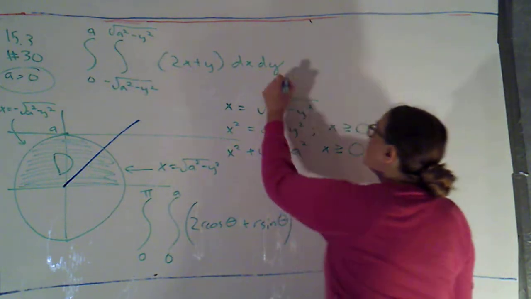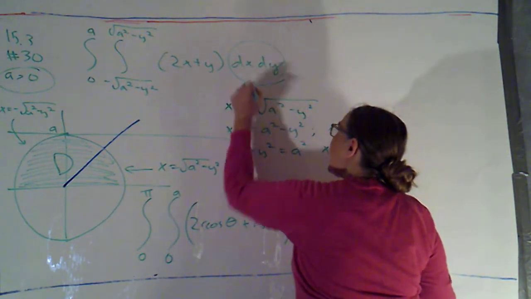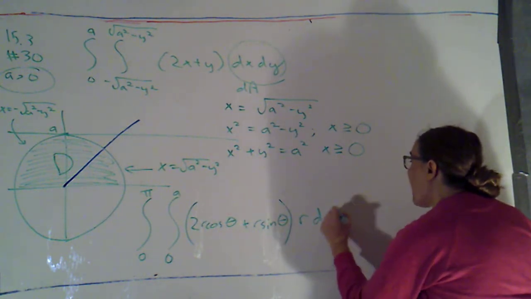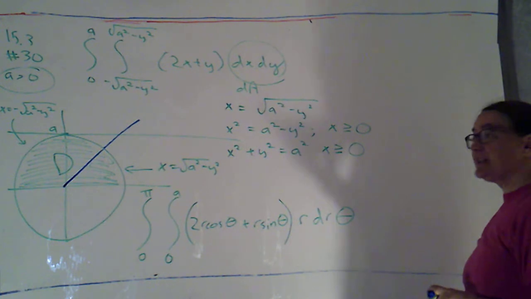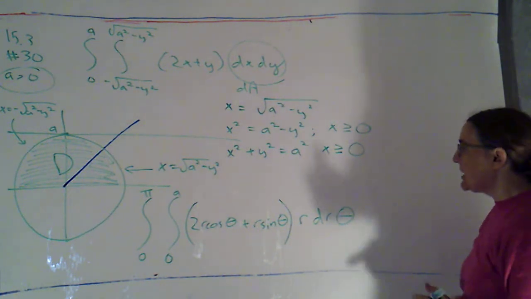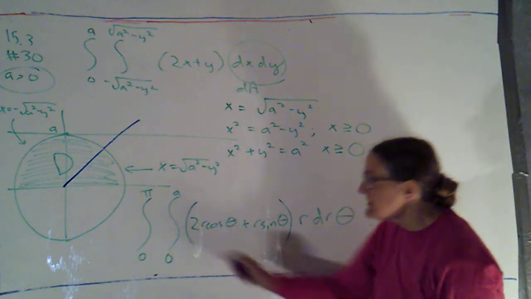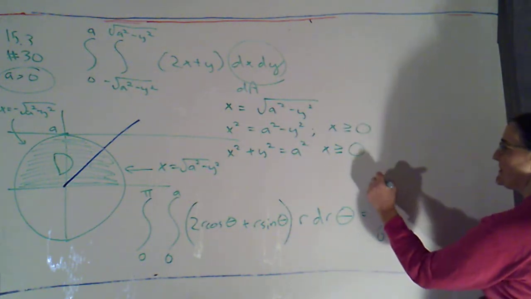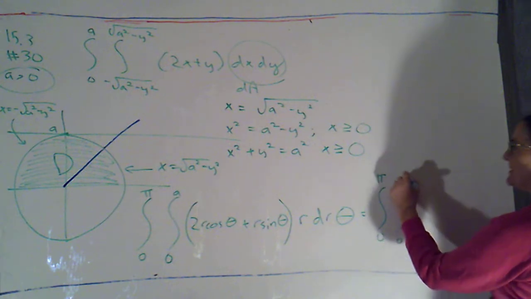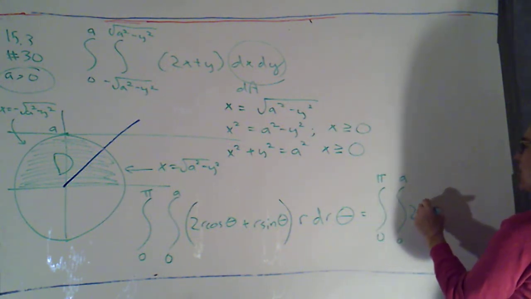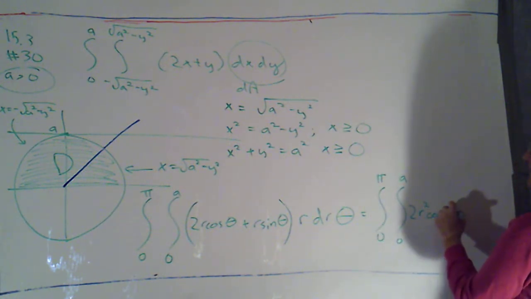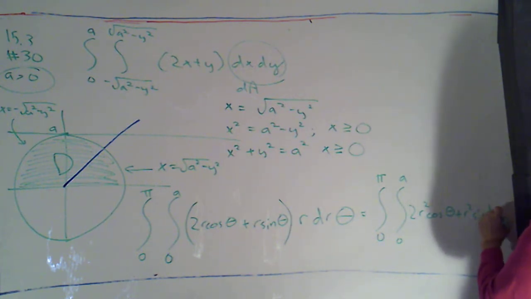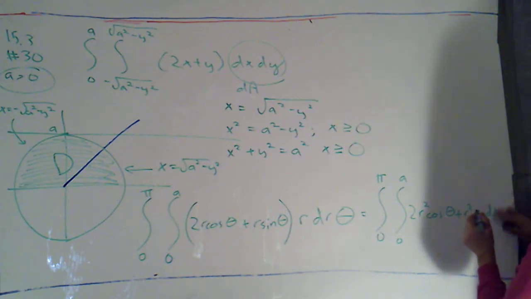And then dx dy, that was dA, and remember, in polar coordinates, dA is r dr d theta. So I'm going to want to multiply this out before I do the integration. So we've got the integral from 0 to pi, integral from 0 to a, of 2r squared cosine theta plus r squared sine theta dr d theta.